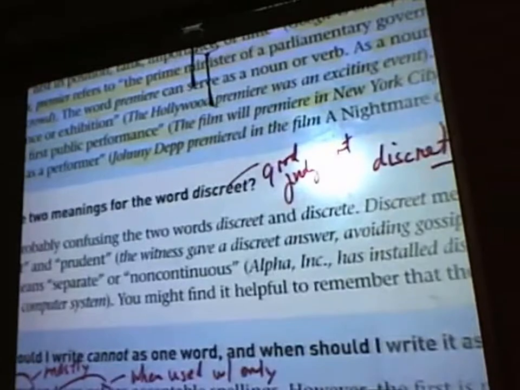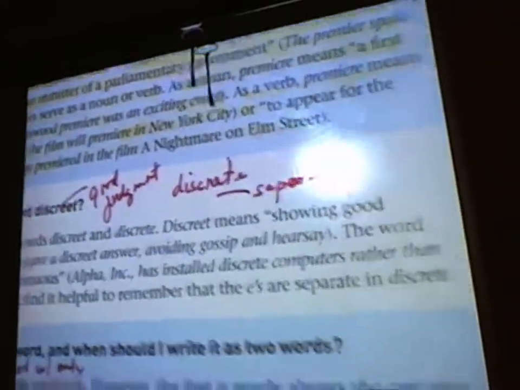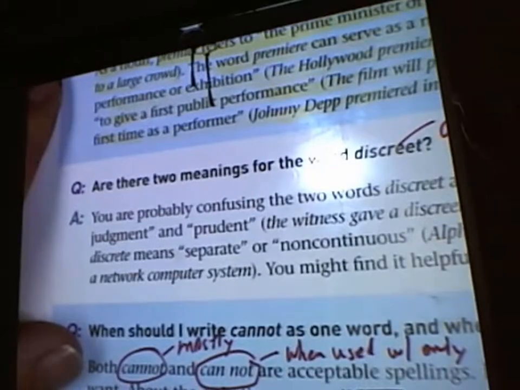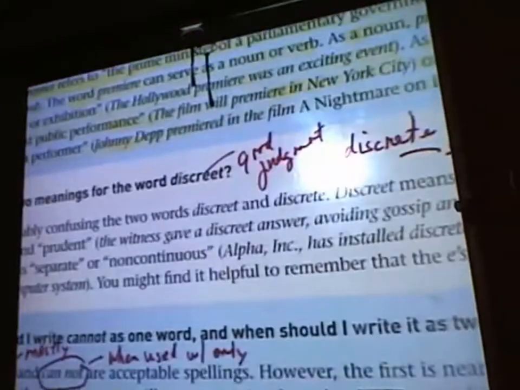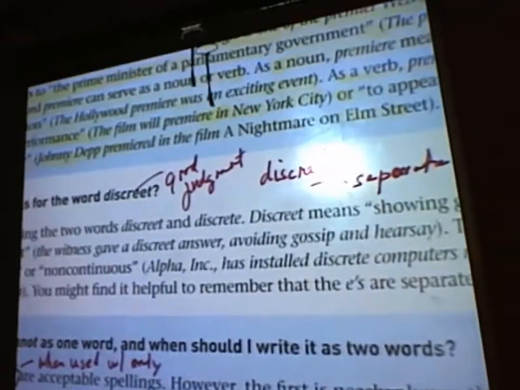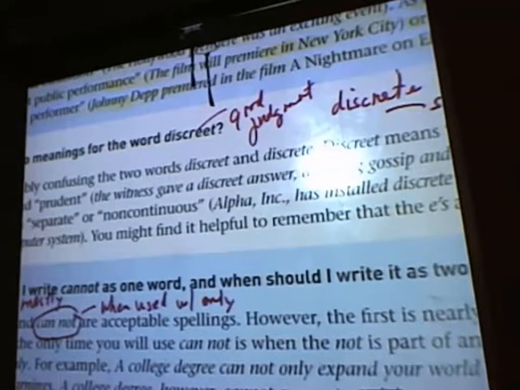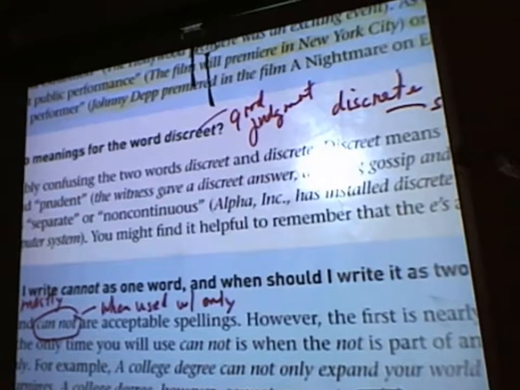Okay, the next section is what is the difference between the word discrete with two E's separated, spelled D-I-S-C-R-E-T-E, and discreet? Well, since the E's are separated right here, this word means to separate. Discrete, E-T-E, means to separate your E's, if you will.